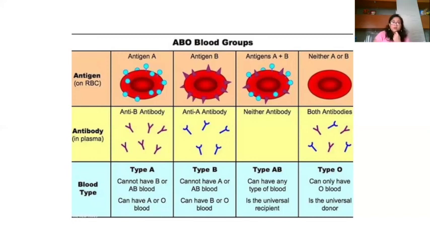Hence, there will be a transfusion reaction in which our body's immune system will consider the incoming blood as a foreign and harmful material, and it will kill those blood cells, considering that it is trying to attack our body. Hence, the receiving of blood will not be proper.